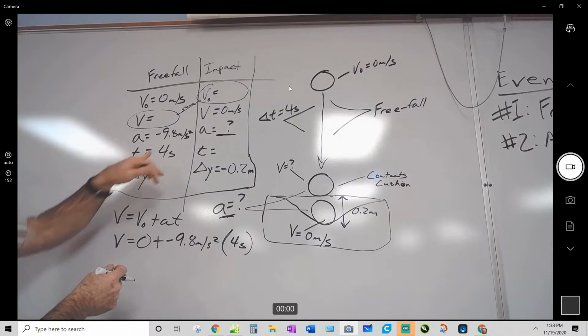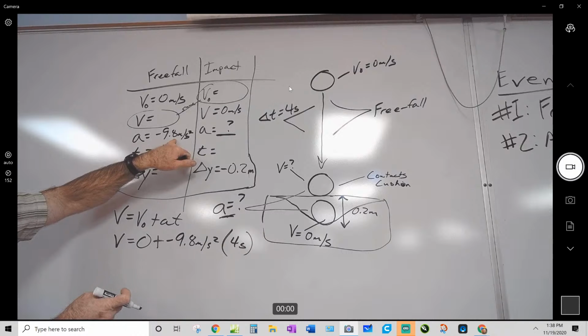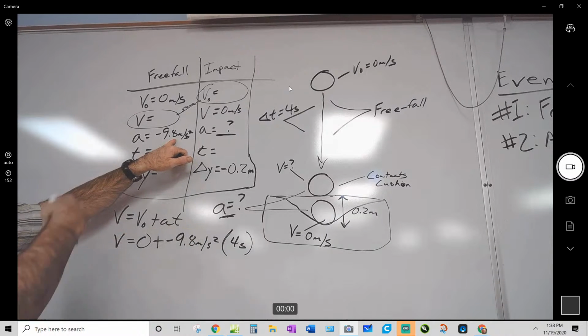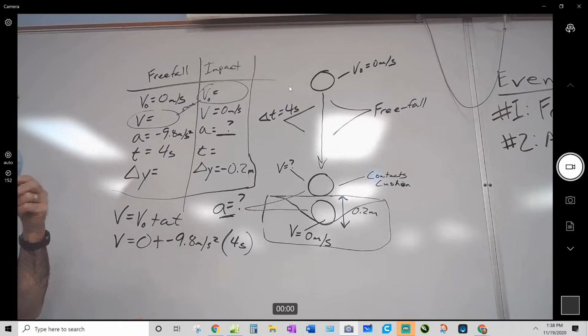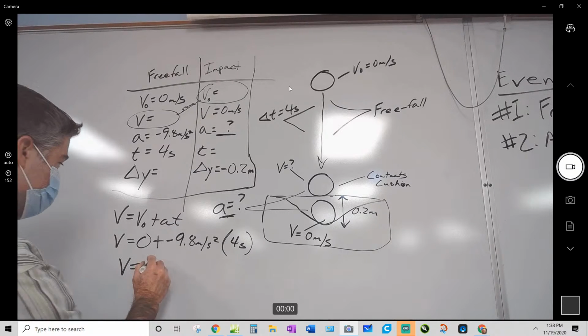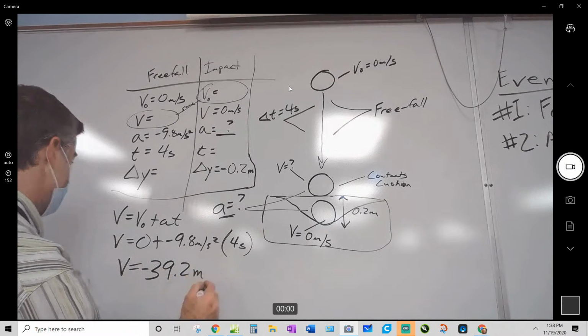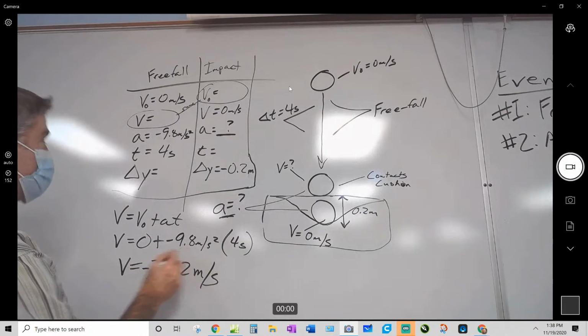If it's accelerating by that every second, and you do that for 4 seconds, you just do negative 9.8 plus another negative 9.8 plus another negative 9.8. And that's going to give us final velocity equals 4 times 9.8, which would be 39.2, negative 39.2 meters per second.